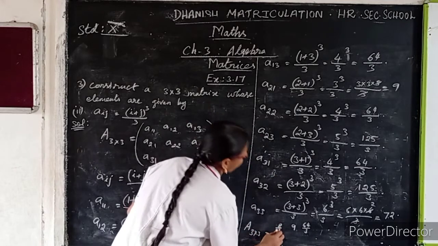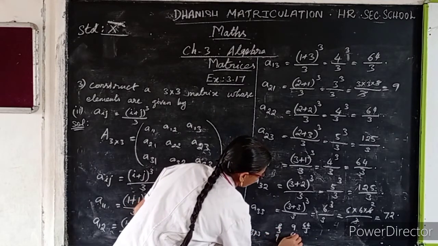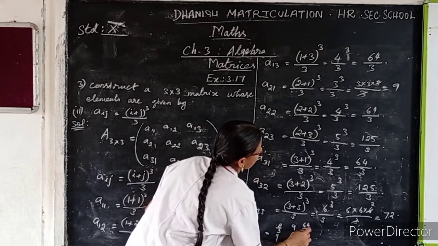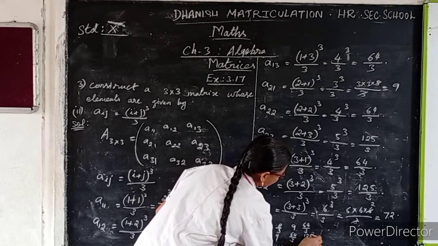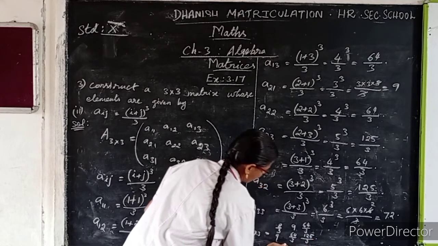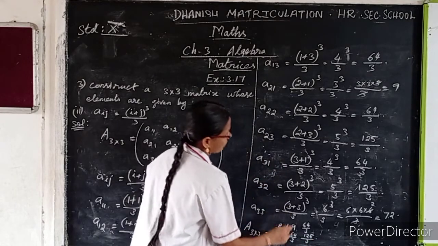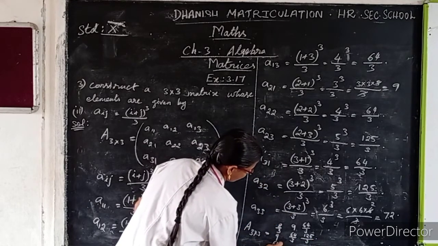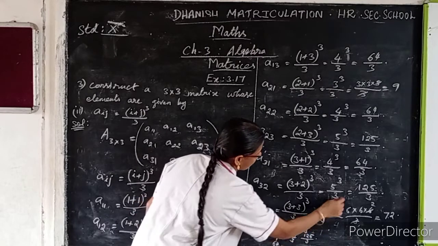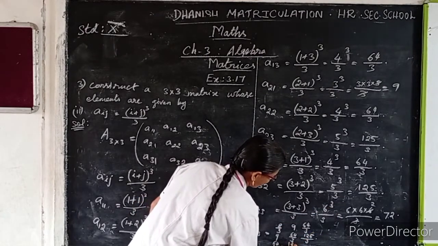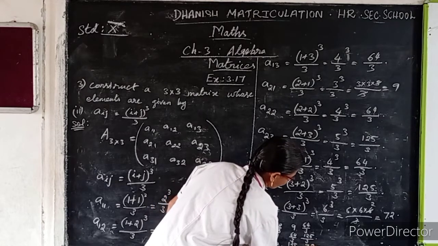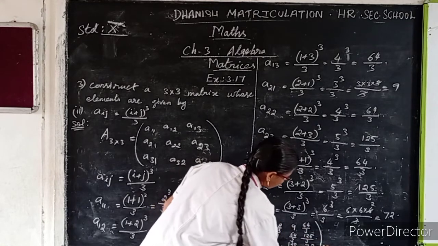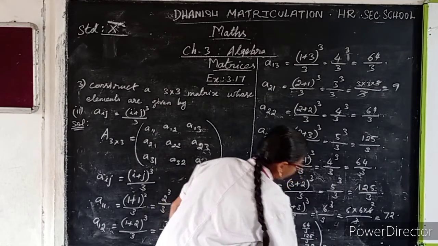Second row: 9, 64 by 3, 125 by 3. Third row: 64 by 3, 125 by 3, 72. This is our required 3 by 3 matrix.